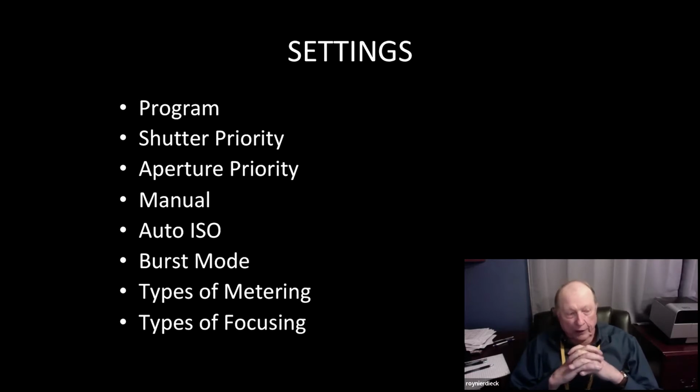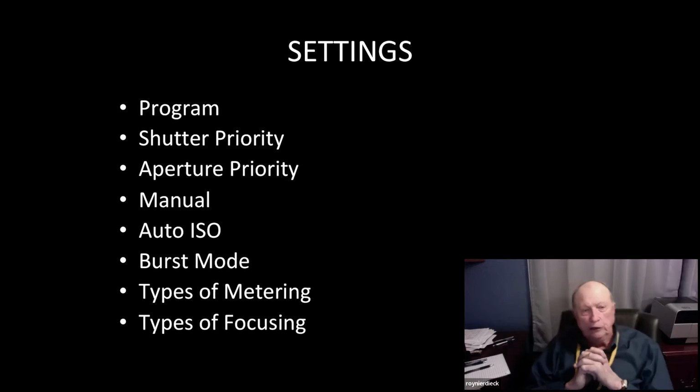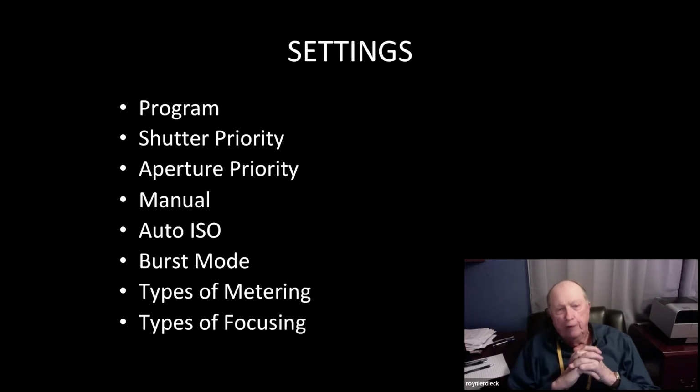Now, one thing that the Z9 does that I found out about the other day that I like a lot is on its auto ISO, you can actually go in and set your minimum ISO and then set your maximum ISO, and then the camera will adjust within that range to where you don't get into the 25,000 ISO or the 50,000 ISO.